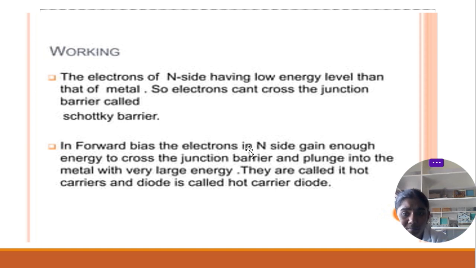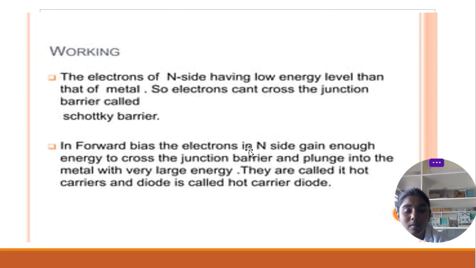How does it work? The electrons on the N side have lower energy levels than the metal, so electrons cannot cross the junction. This barrier is called the Schottky barrier.